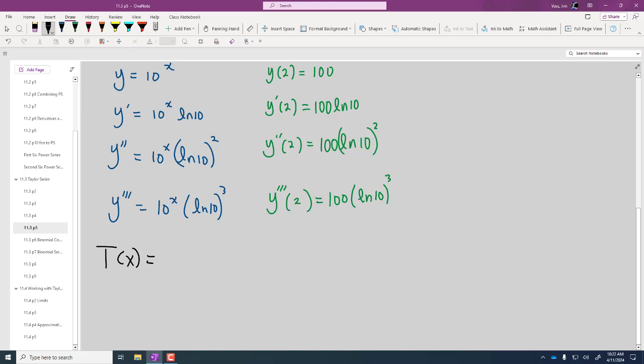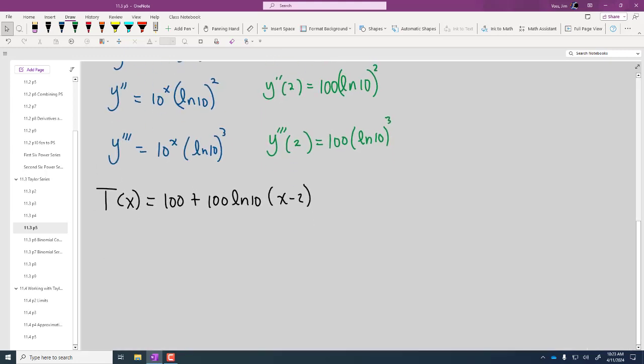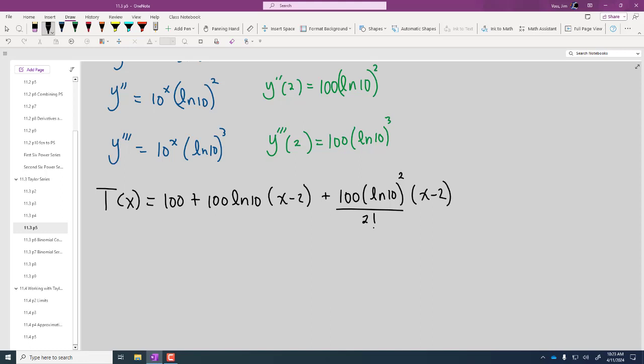Our infinite series is the first constant plus the second constant multiplied by x minus the center. And then the next constant, 100 natural log of 10 quantity squared divided by 2 factorial times x minus 2 squared.